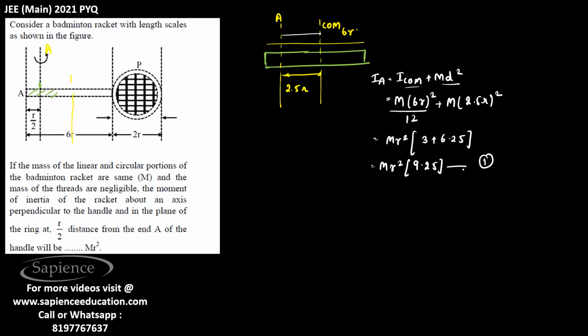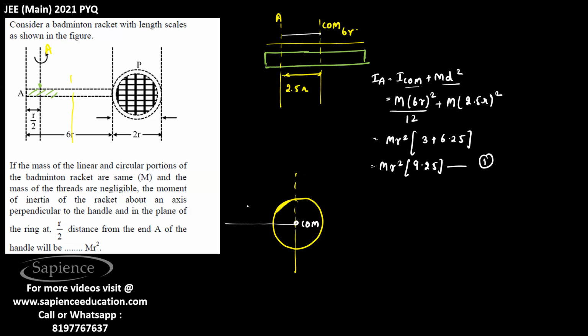That's the first part. Second, we have to calculate for the racket part, that is the circular part, and this will be considered as a ring. So this is a ring. You already know the moment of inertia of a ring about its diametrical axis, and this will definitely pass through the center of mass.